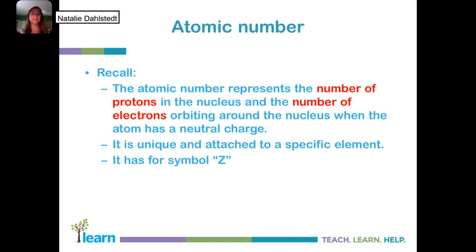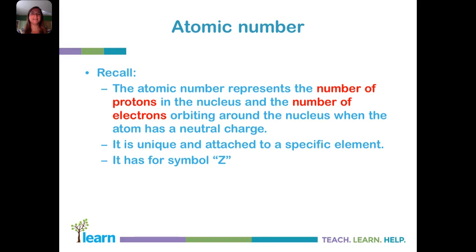Let's recall some of the subatomic particles that we have studied already. We know that there are protons located in the nucleus of the atom, while the electrons are orbiting around the nucleus in several levels. The protons are positive in charge, while the electrons are negative in charge.